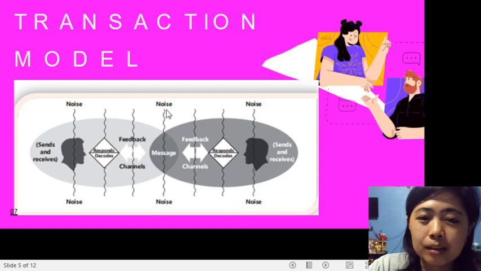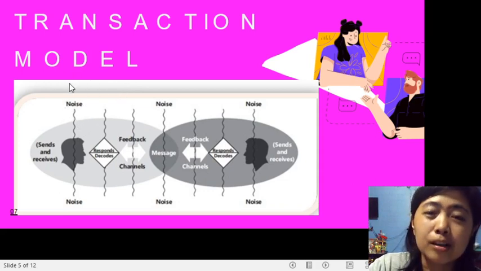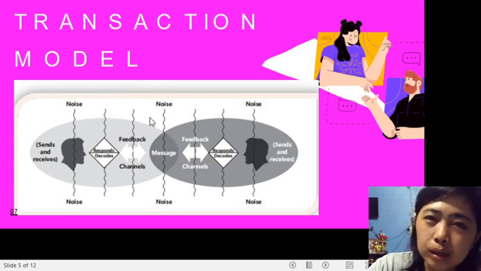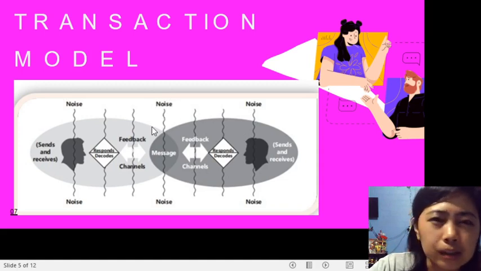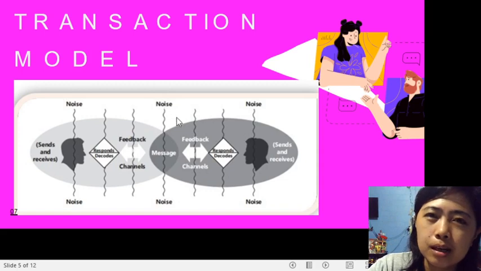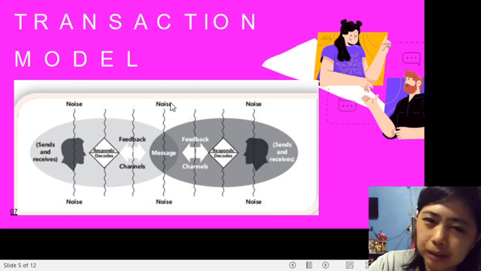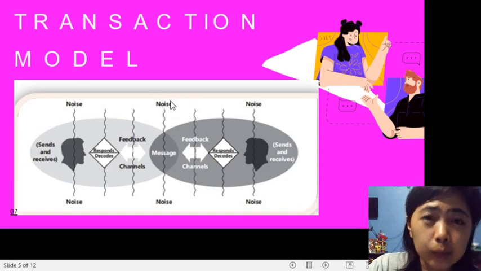Yes, there is a barrier to communication, and it is represented by noise. Noise is one of the barriers to communication. Where does it belong? I believe it is the environmental noise or environmental barrier, which interferes with the flow of communication.